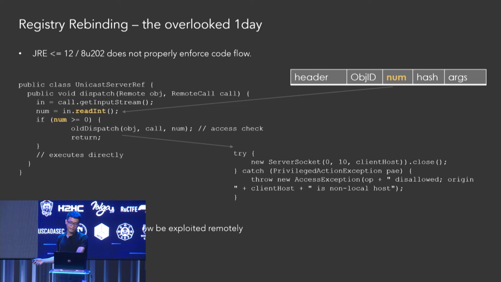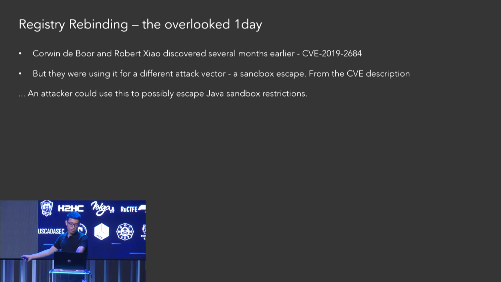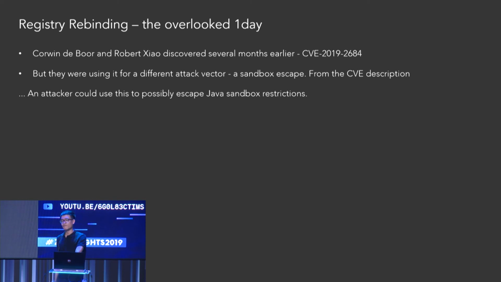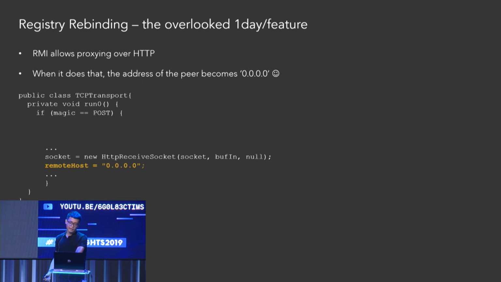If the number, which we can control, is lower than zero, it will skip the access check code flow and then execute the method directly, meaning we can skip the local check. CoWinderBoard and RobustGL, other researchers, discovered this months earlier and were assigned that CVE, but they were using it for a different attack vector. They were using it for a sandbox escape, which means this attack vector, I believe, was still unknown at the time.